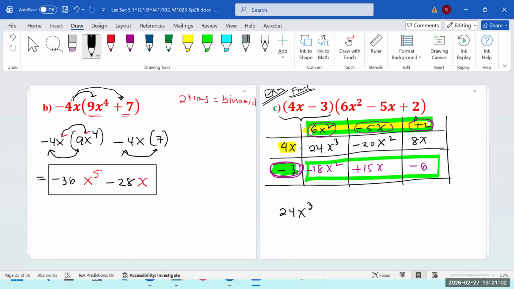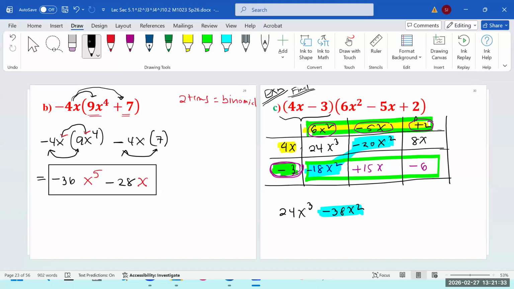The next one is a square term. Do you see any other square term? Yeah, here. So you combine them. Negative 20 and negative 18, negative 38 square term.